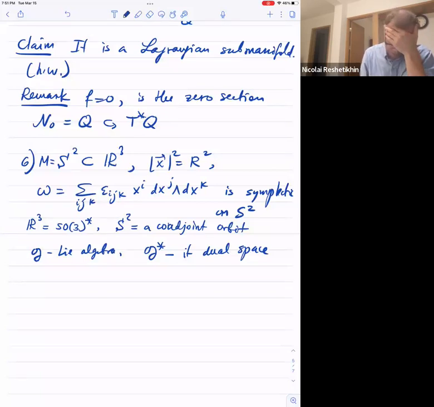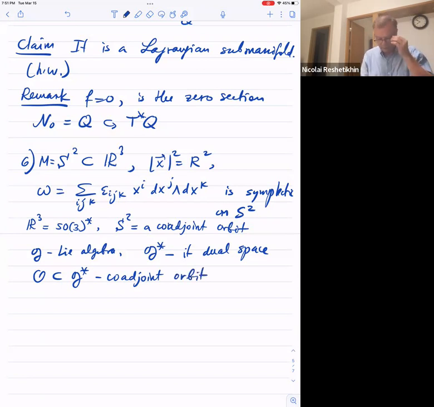Let's not discuss it yet. But the important fact is that every coadjoint orbit that is not too singular is a symplectic manifold. And if it's singular, then on smooth parts, it still has a symplectic structure.